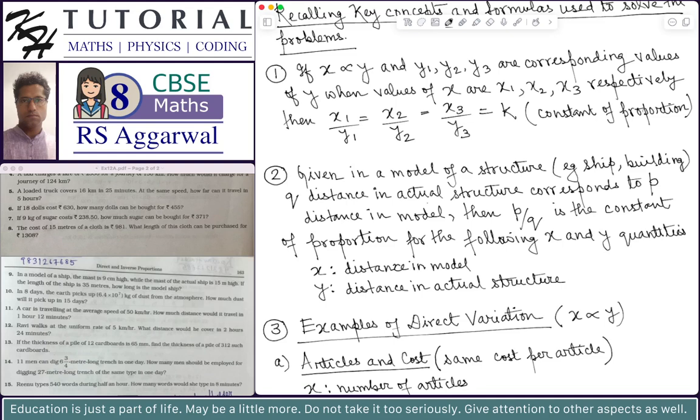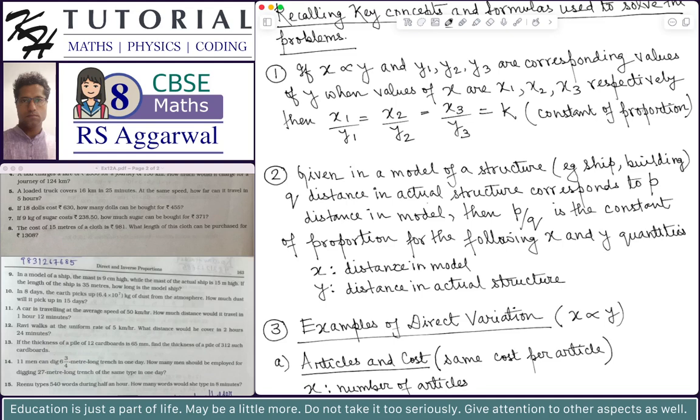So if it is given that q distance in the actual structure corresponds to p distance in the model, then p by q is the constant of proportion. You can consider p by q, or you can also consider q by p, it does not matter. What matters is that the ratio of q and p will be a constant.